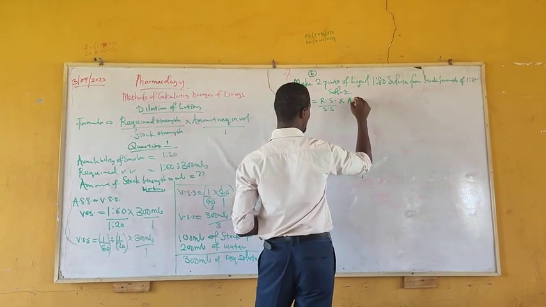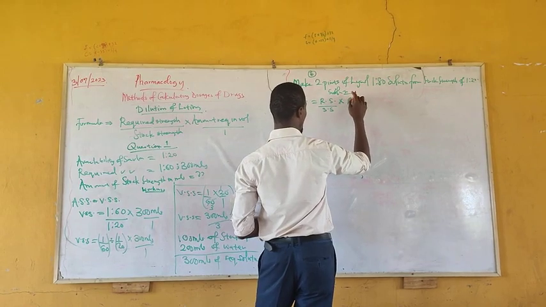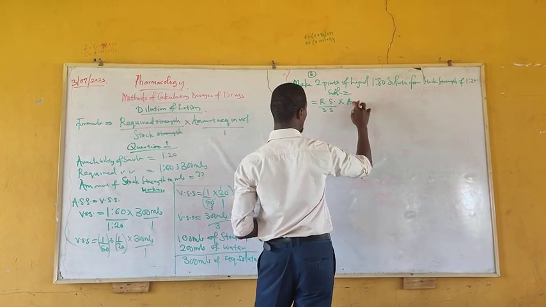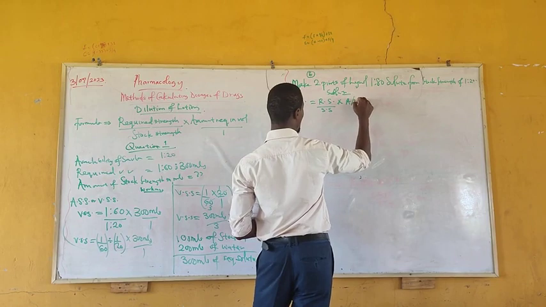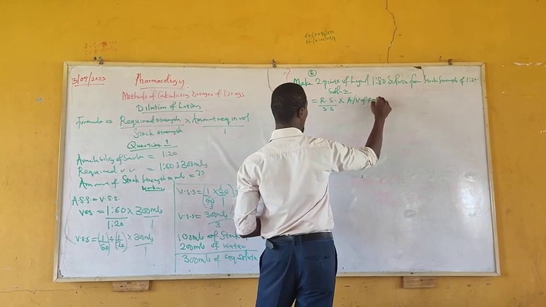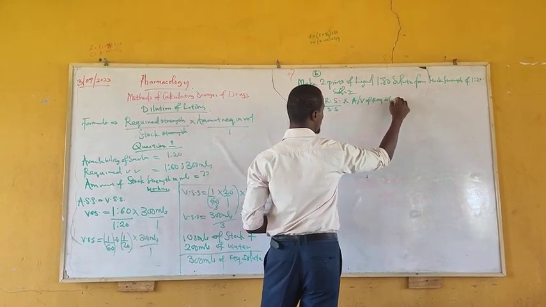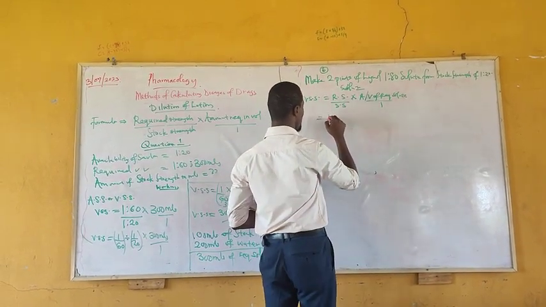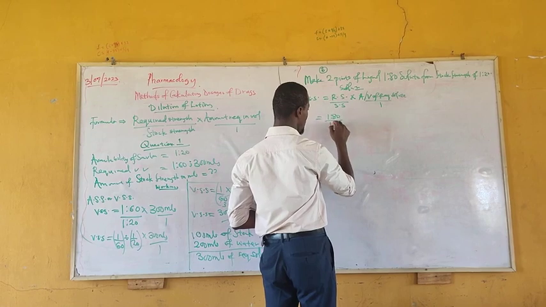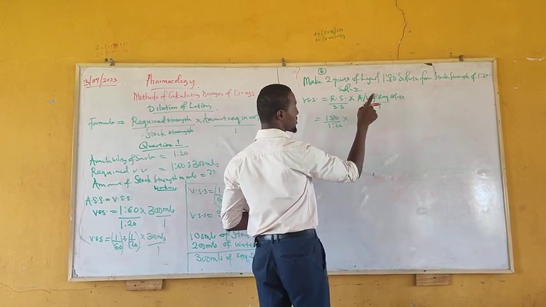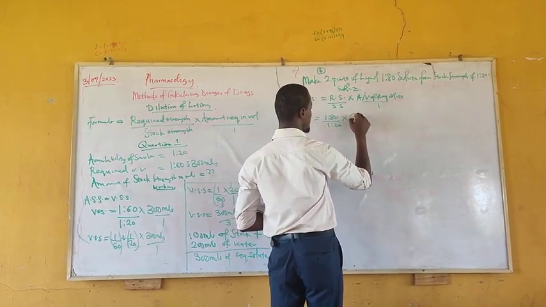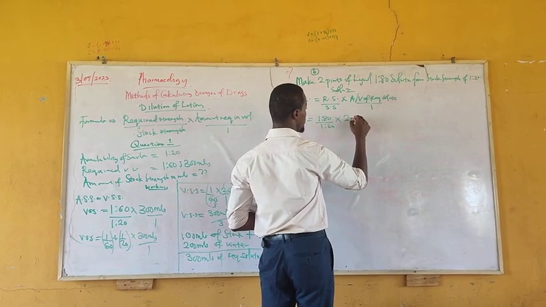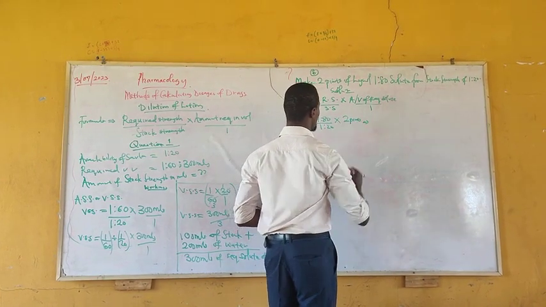Not required stock, but the volume of the required solution, over 1. So if you get this, you have 1 ratio 80 over 1 ratio 20 times 2 pints. We are not converting the 2 pints.